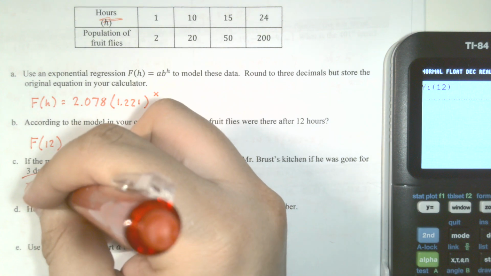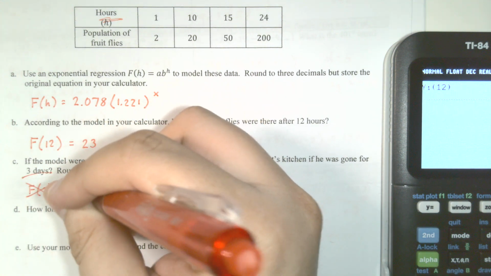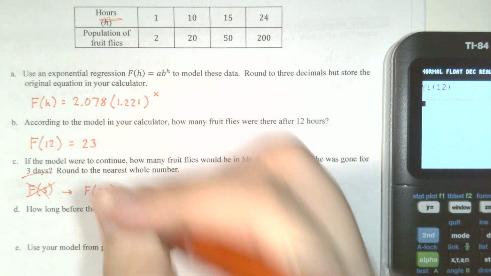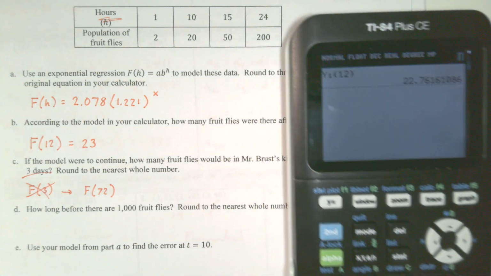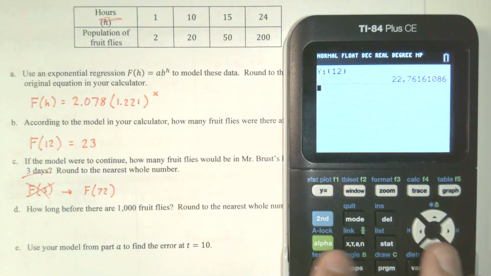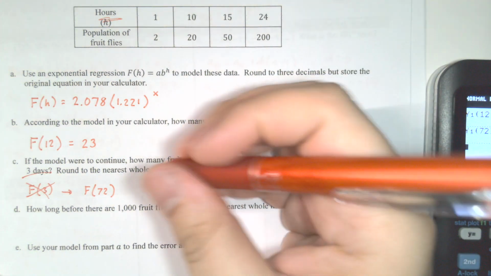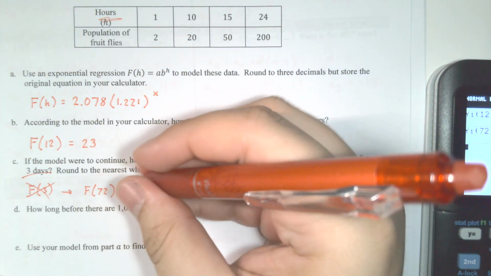So what this is really asking is how many fruit flies there were after 72 hours, because we have to convert days into hours. But same thing here. We're just going to calculate y1 of 72, and we see that after 3 days, there's about 3.5 million fruit flies, which is hysterical because that's a lot of fruit flies.